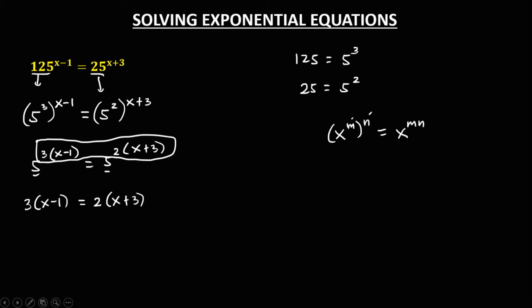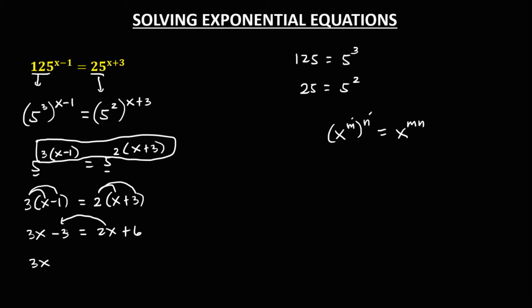Then simplify to solve for x. So multiply, this one is 3x. 3 times negative 1, that's negative 3, then equals 2 times x, that's 2x. And 2 times 3, that's positive 6. Then to solve for x, so we have 3x.